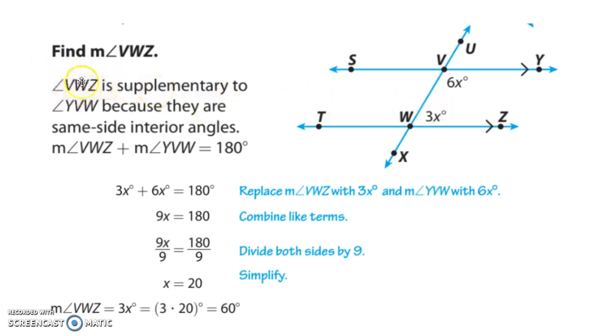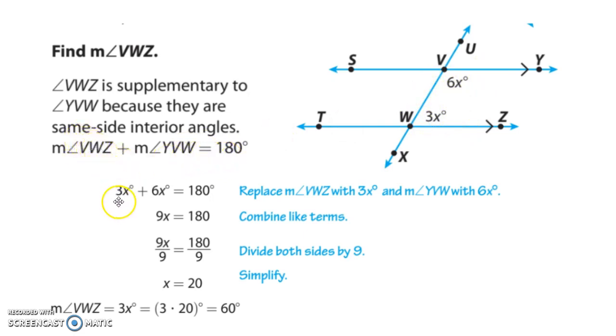Just look at the center part, VWZ. They're telling us this angle is supplementary to YVW because they are same side interior angles. So we know this angle plus this angle equals 180 degrees.